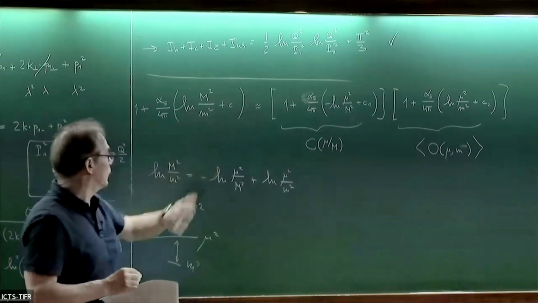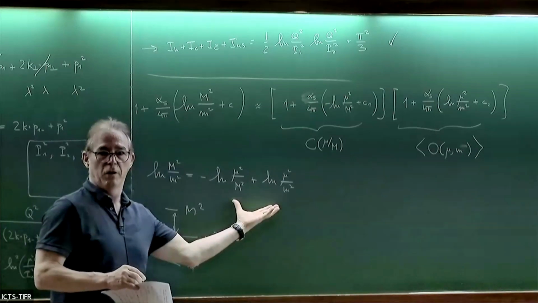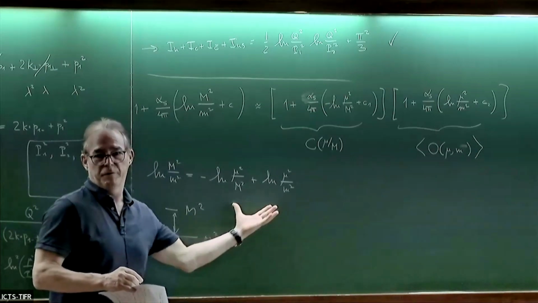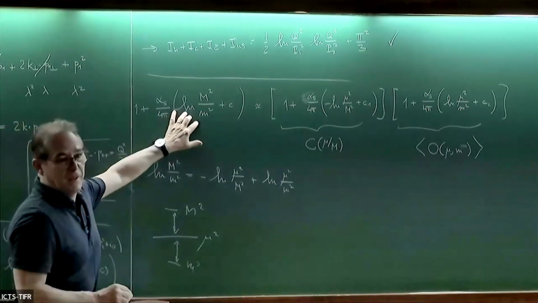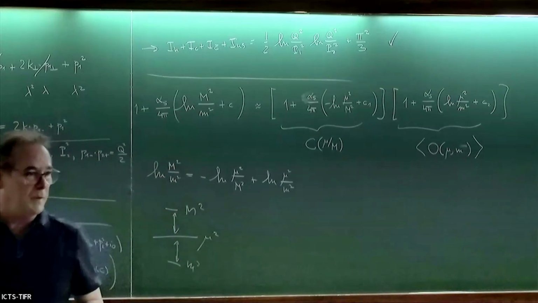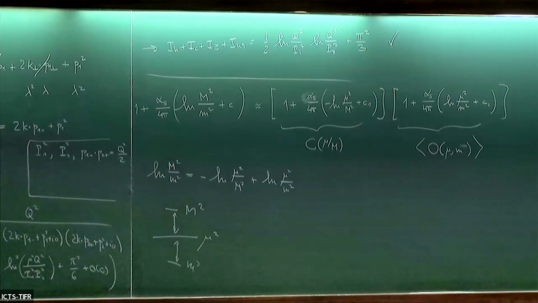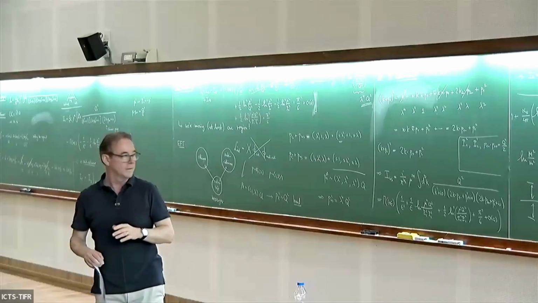And that this works so nicely is due to this simple identity that you can split up a log of a product of numbers into a sum of logs. If you try to do this with a double log, so just take a double log of this type and try to write it as a sum of double logs depending on a single scale only, you will find that it's mathematically impossible with two terms. You cannot do it in this form.